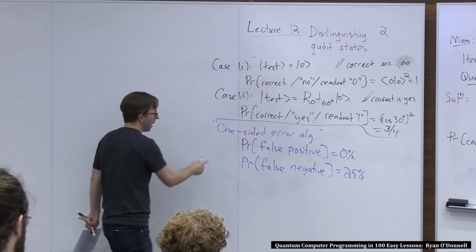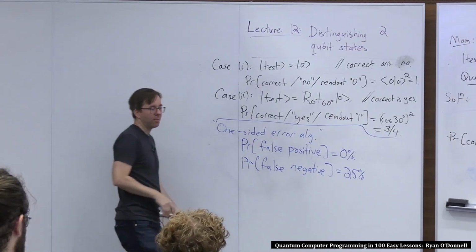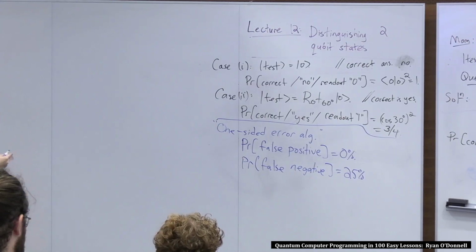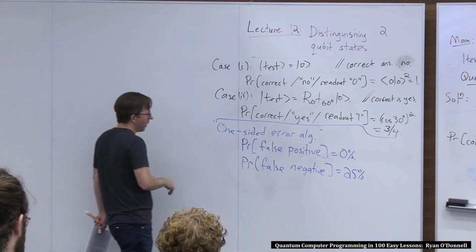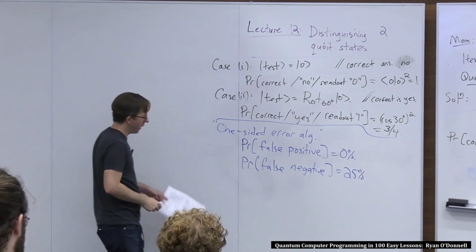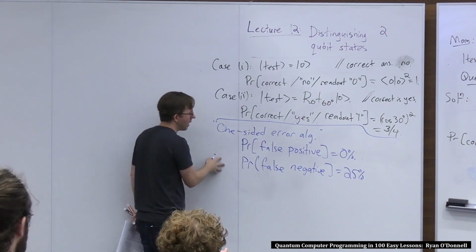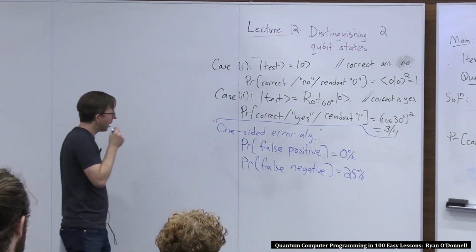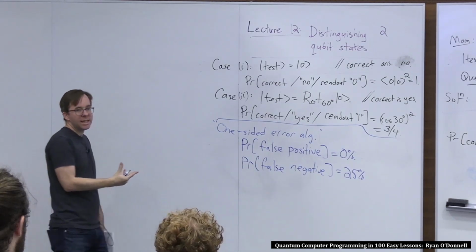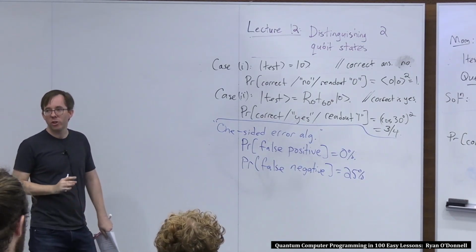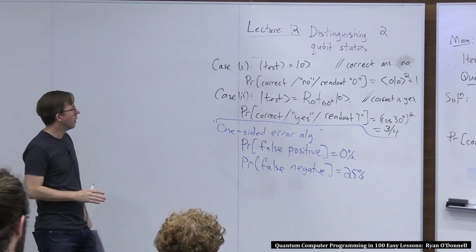Okay, and this is one-sided. It means one of these two things is 0. You have two different kinds of one-sided algorithms, the ones with no false positives and the ones with no false negatives. I also sometimes like to call this particular kind a yes means yes algorithm, because in this algorithm, if the algorithm outputs yes, then you're 100% sure the true answer really is yes.